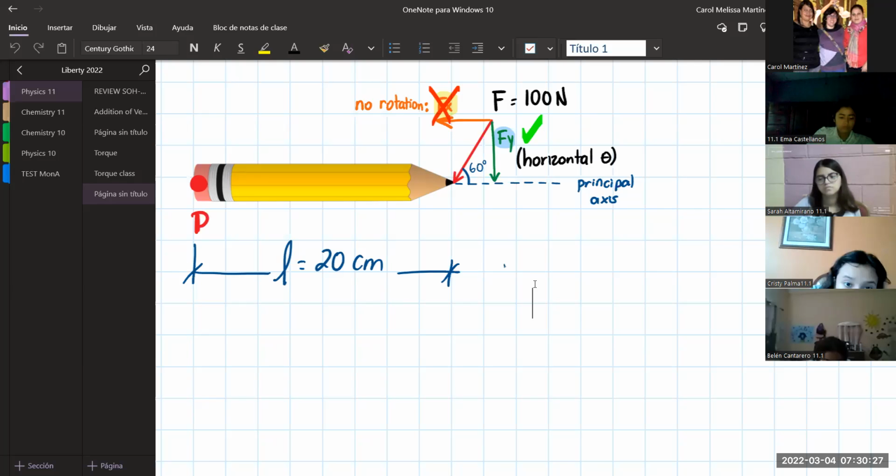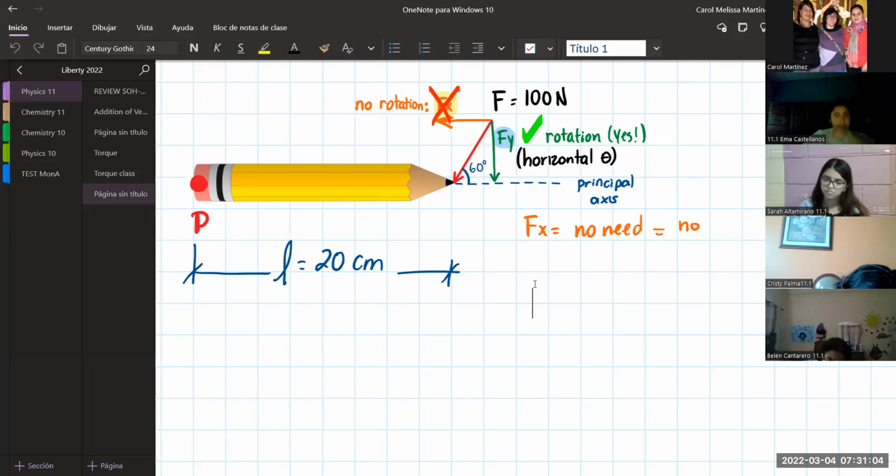So what is the force that matters? The one that makes the rotation possible. And because that's the only one that makes the rotation possible, we're going to find Fy. How do we find Fy? So remember, Fx, no need, because it doesn't produce any rotation.